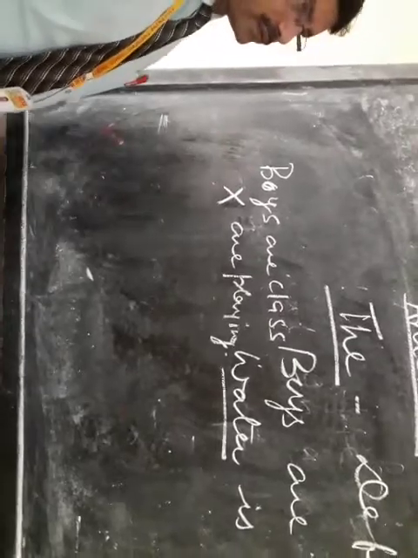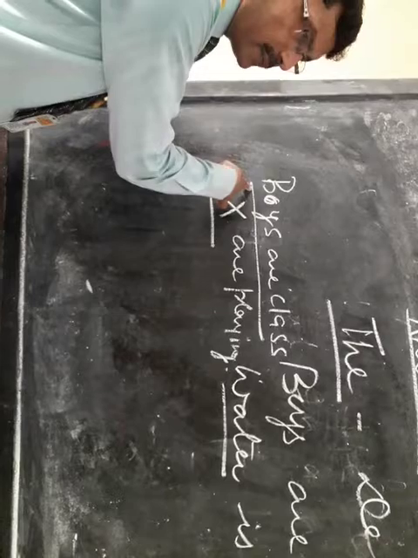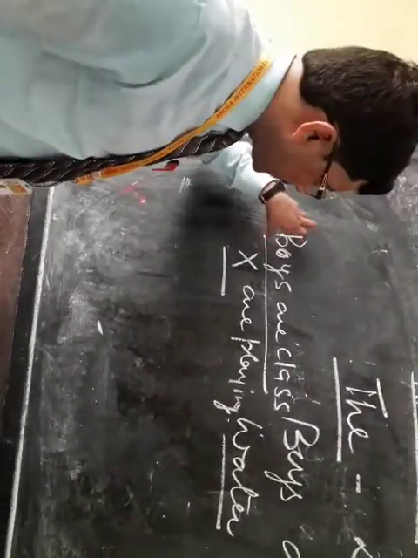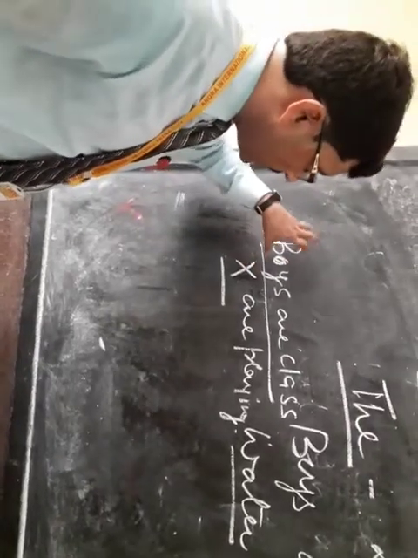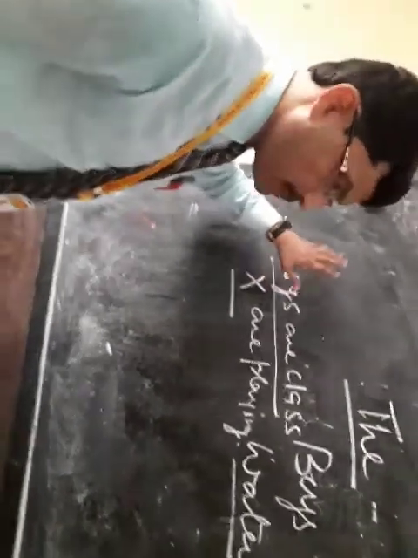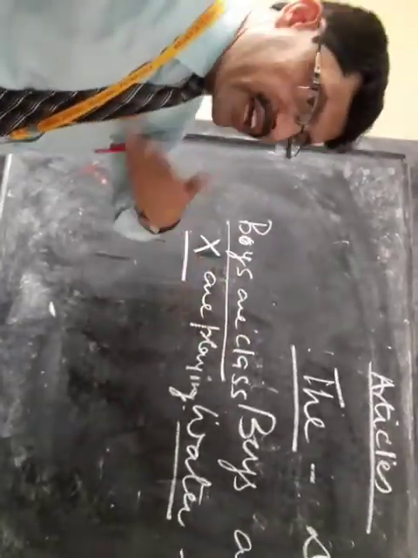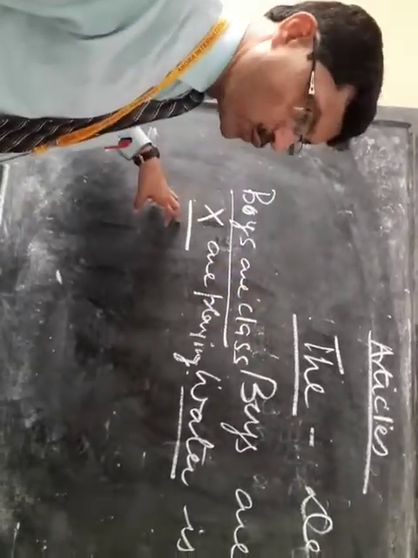This is wrong, because in boys of class 10th, the boys are not in general. Here the boys are used in a particular sense, the particular boys of a particular class, not any class.